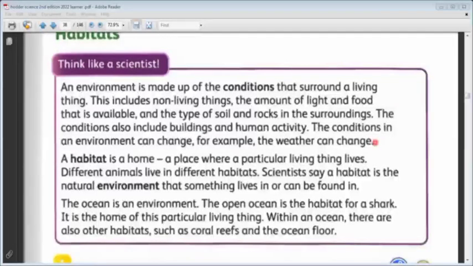Like the amount of light, the food and its availability, the type of the soil and the type of the rocks in the surroundings, the buildings that are present, the human activity that affects the environment, and the weather as a non-living thing. Okay, Sabah, is it clear? Do you understand the meaning of environment? Yes.